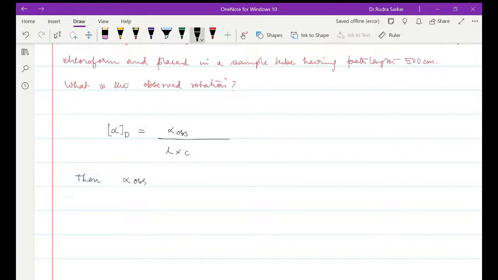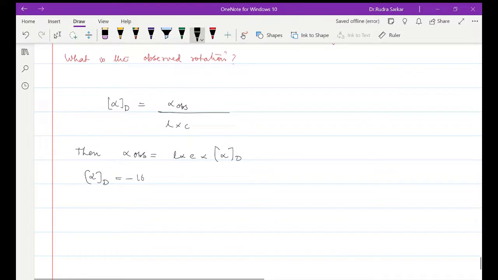Alpha observed is L into C into alpha d, which is my specific rotation. Alpha d is given as -16. L is 5 centimeter, which has to be converted to decimeter.